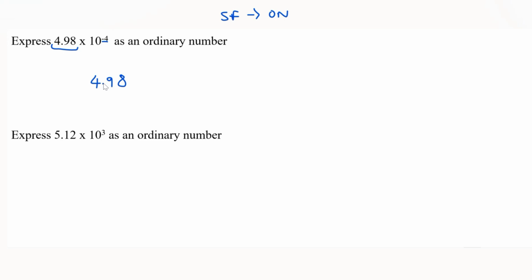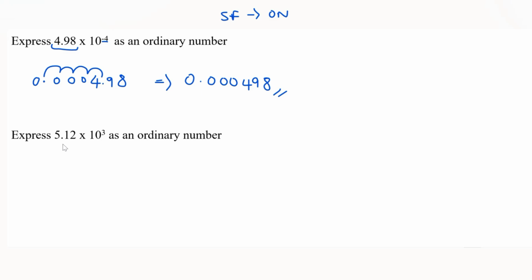So we are going to move this decimal point 4 places to the left. 1, 2, 3, 4. Every place in front will be 0. So writing 4.98 times 10 to the power of minus 4 as an ordinary number would give us 0.000498.